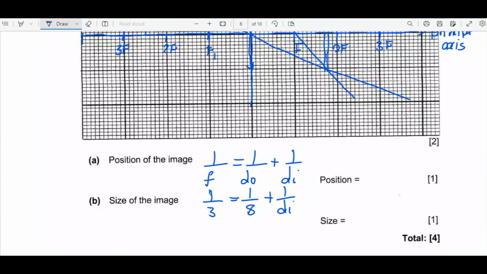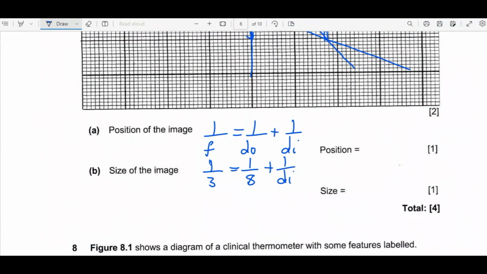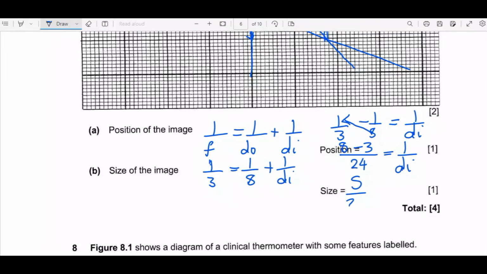We just have to do some calculations. If we collect the like terms, 1 over 3 minus 1 over 8 is equal to 1 over DI. The common denominator is 24, so 8 minus 3 over 24 equals 1 over DI. So 8 minus 3 is 5 over 24, equals 1 over DI.